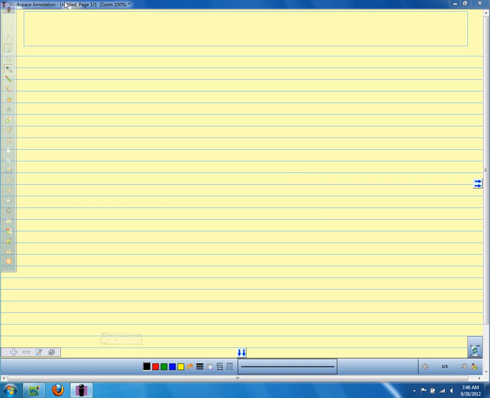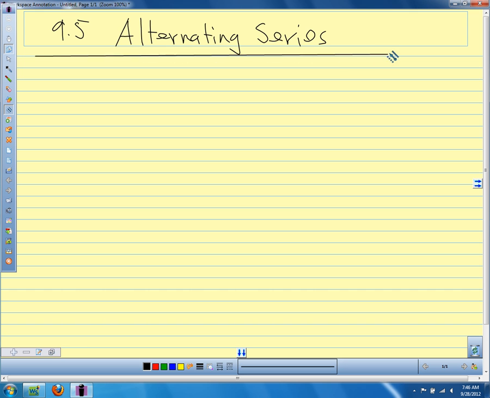All right, so we're in section 9.5 now, and we're looking at alternating series. So far we've been looking at series with all positive terms.